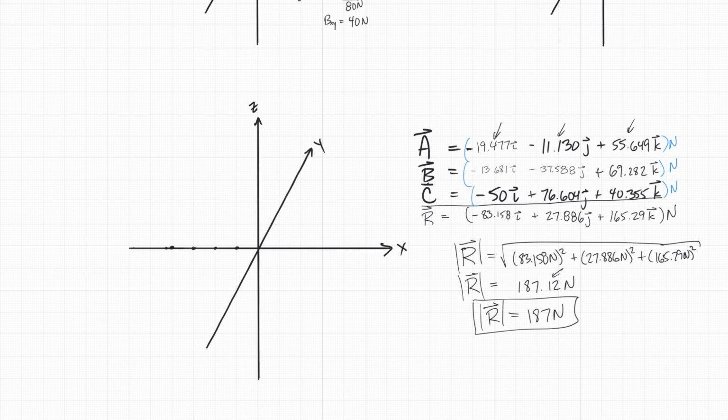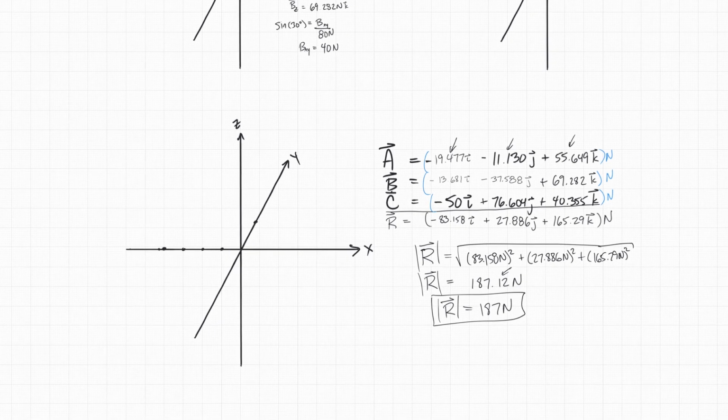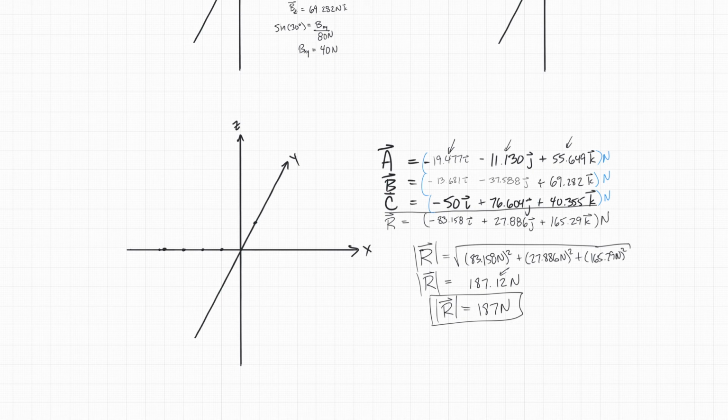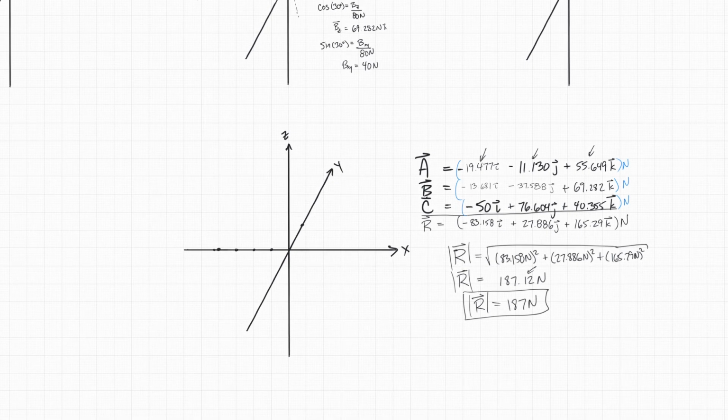So maybe that's about right there. And then 165.29. Let's see, 20, 40, 60, 80, 100, 120, 140, 160, 165. So we're off the charts here, but that's okay.